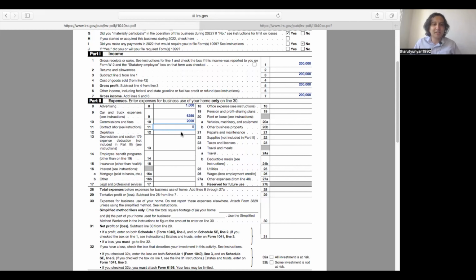Depletion and depreciation. If we go too much into detail about this, we'll spend a lot of time, right? And don't do this on your own. Just talk to an accountant. Basically, if you own any property that's expected to last for more than a year, such as buildings or machines, you need to depreciate them, right?